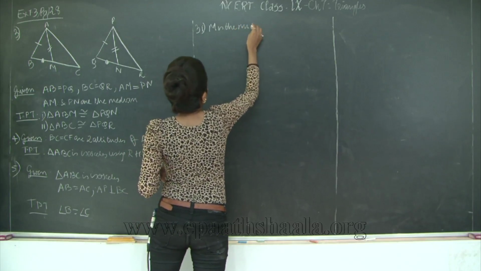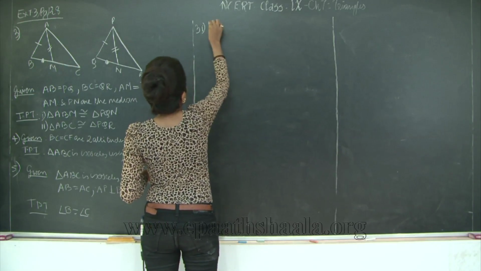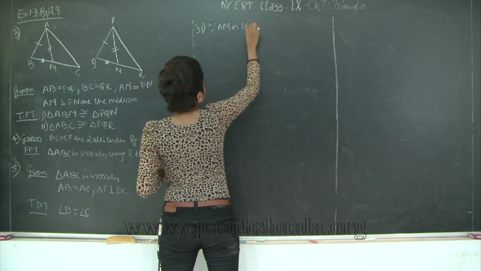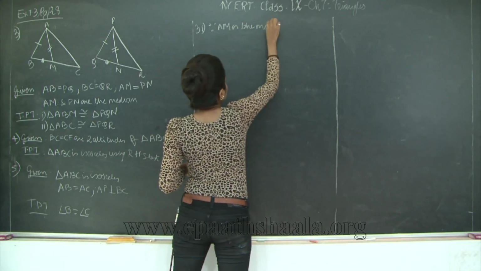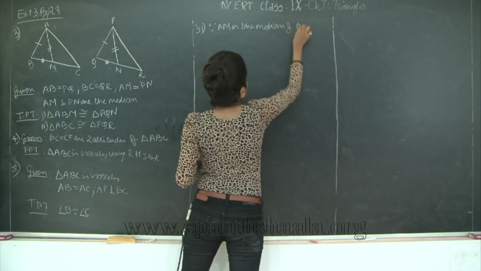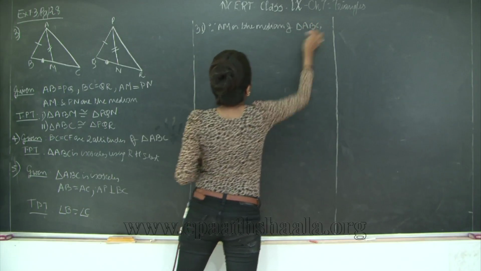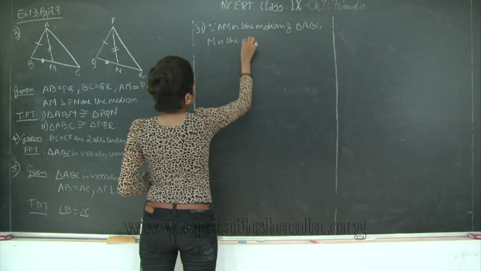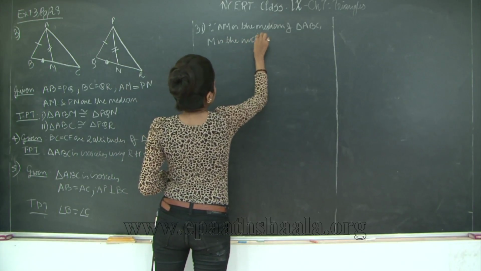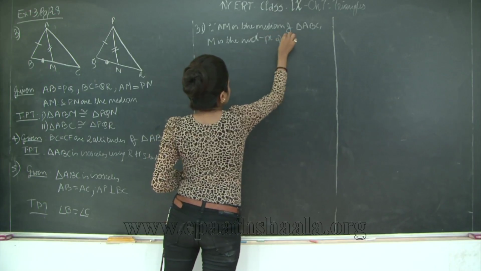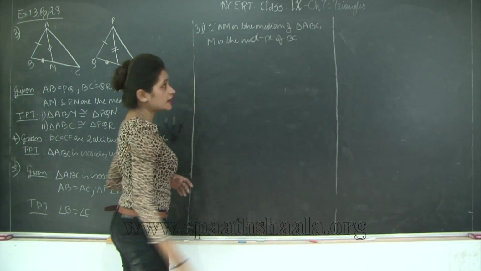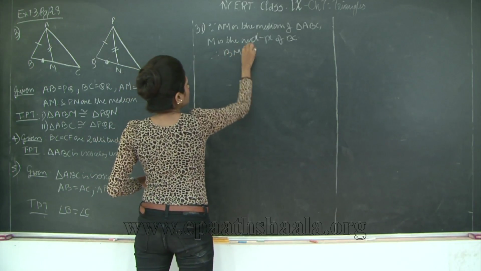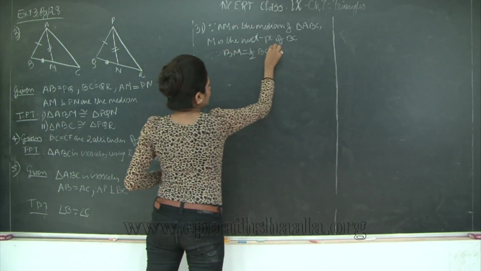Since AM is the median of triangle ABC, M is the midpoint of BC, correct? Therefore, BM is equal to half of BC, and I'll mark this as 1.